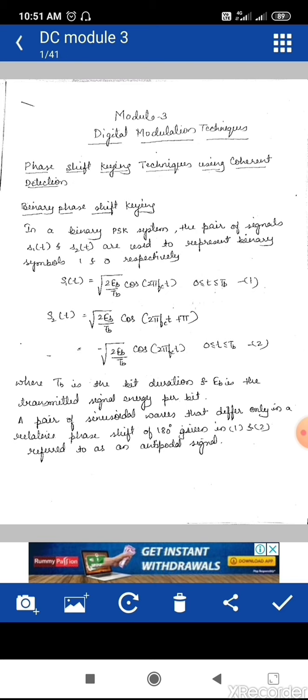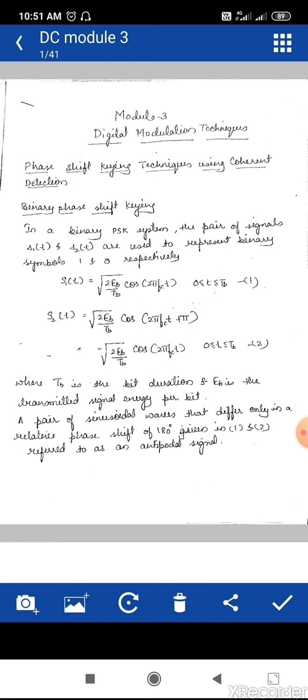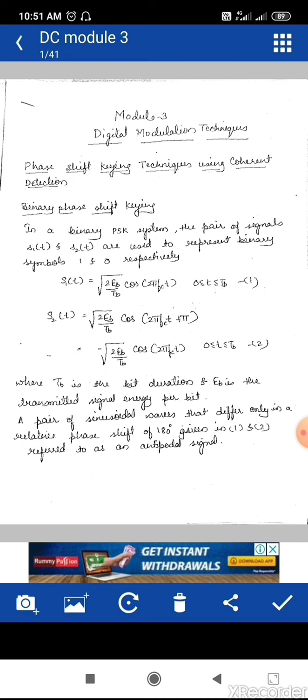Then S2 of t is equal to root of 2 EB by TB cos (2 pi FCT plus pi), that is, for representation of 0 we are using this S2 of t. So S1 of t is used to represent 1 and S2 of t is used to represent 0.